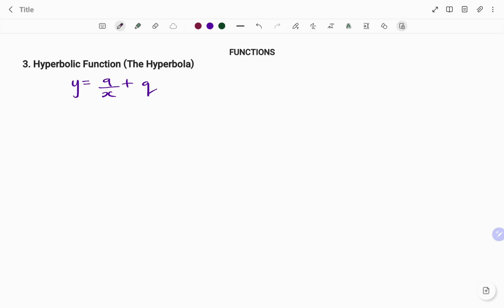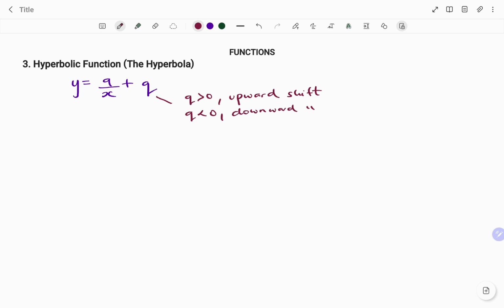Like we explained in the previous functions, the value of q determines if there's going to be a vertical shift upwards or downwards. So if q is greater than 0, it's positive, then we have an upward shift. And if the value of q is negative or less than 0, then we have a downward shift.